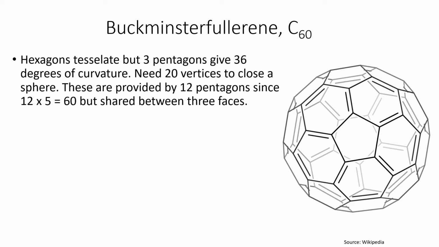Now, how much curvature do we need to close the cage? Certainly in 2 dimensions, we can think about closing the shape with 360 degrees. And of course 360 degrees, the circumference of a circle, is 2 pi times the radius. In fact, we'd call 360 degrees 2 pi if we were measuring it in radians.